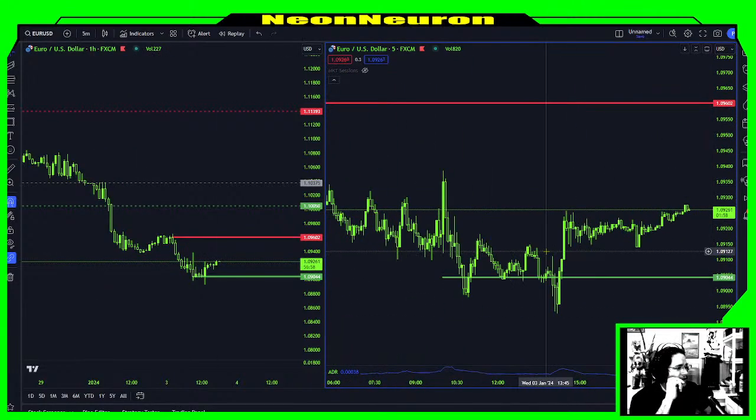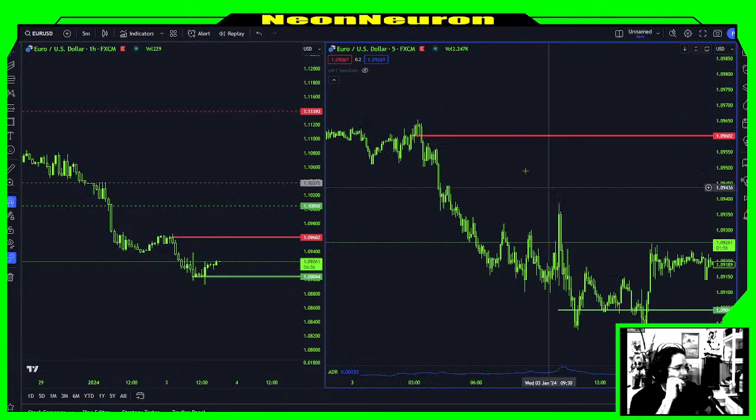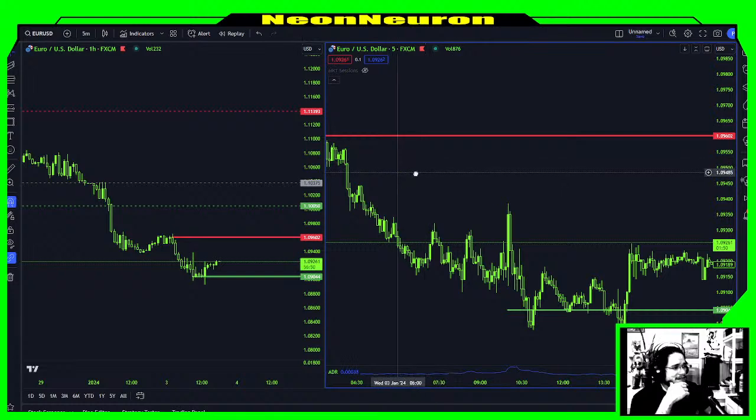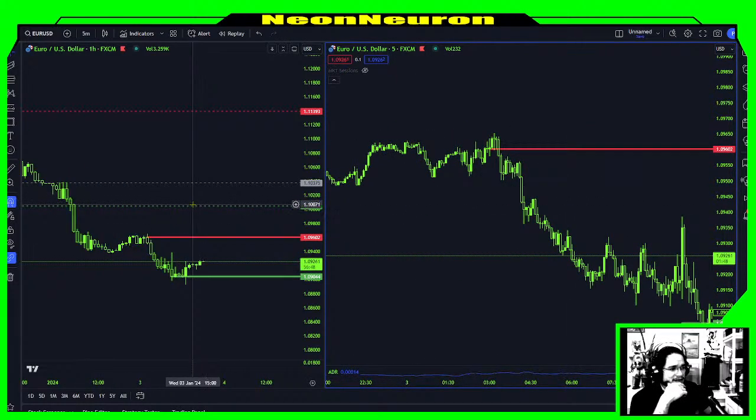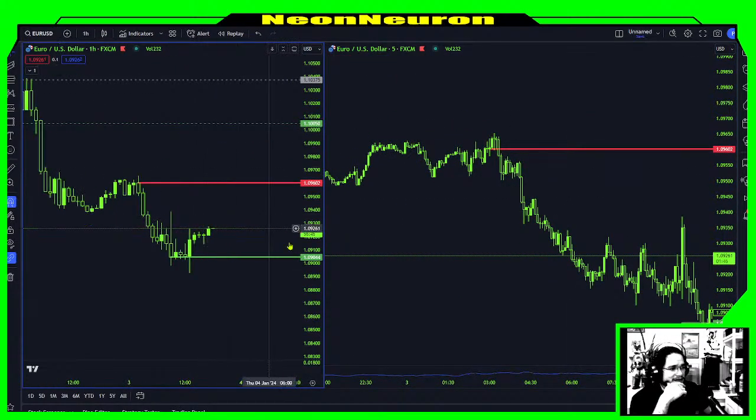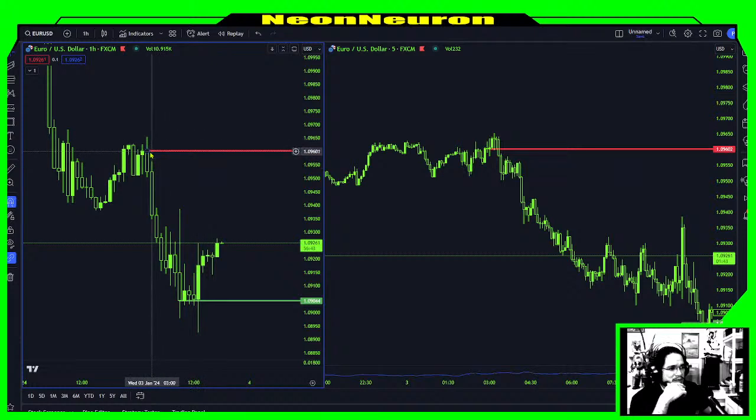So what I have here is, in the current move, where did the seller step in? The seller stepped in at this point. Price came up, seller stepped in, brought it down. And not only did he bring it down from the top of the wick, he brought it down here. And then on the next bar, he just kept taking it down.